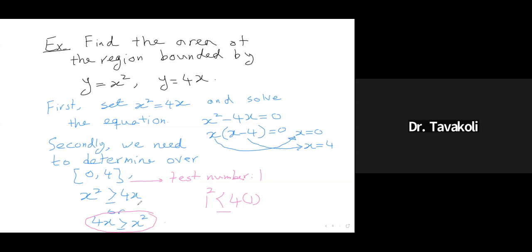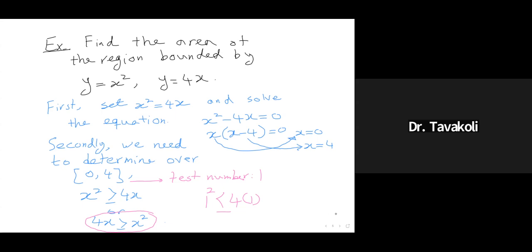Be careful, we are talking about the interval from 0 to 4. Of course, after 4, x squared is bigger than 4x, but what we are integrating over is the interval from 0 to 4. And over that interval, 4x is bigger. So when I want to form the integral, this is the final step of solving this.